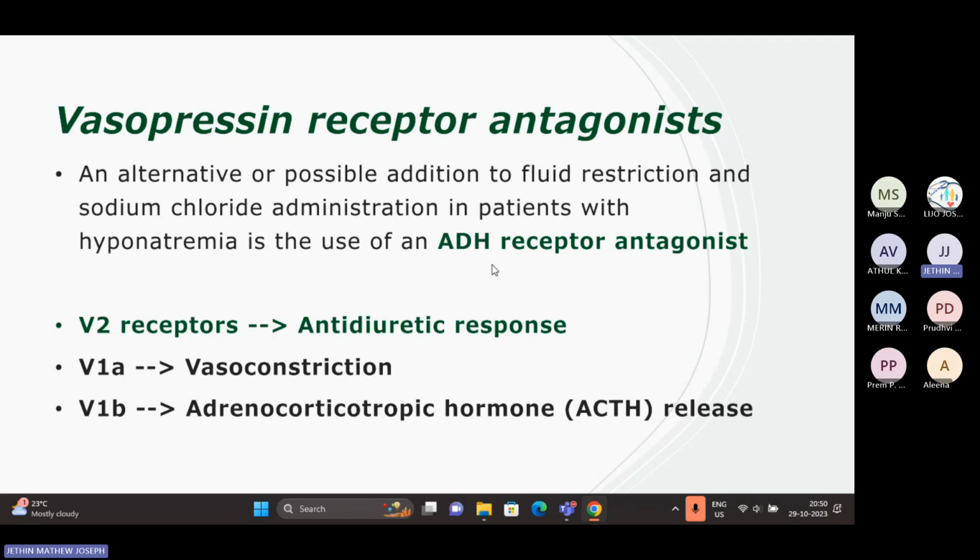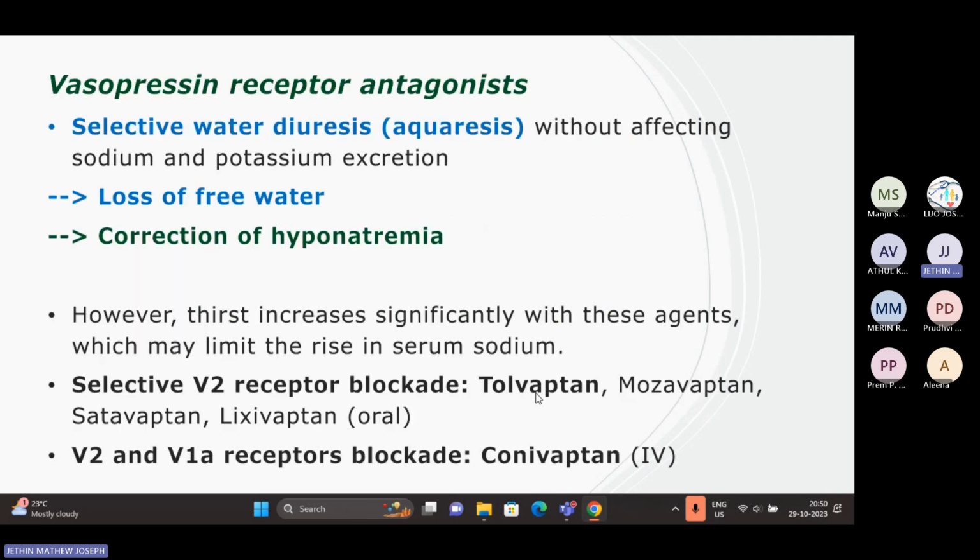Some act at the V2 receptors, and some act at other receptors like V1A and V1B also. Your V2 receptors are responsible for your antidiuretic response. V1A is responsible for vasoconstriction and V1B for ACTH release.